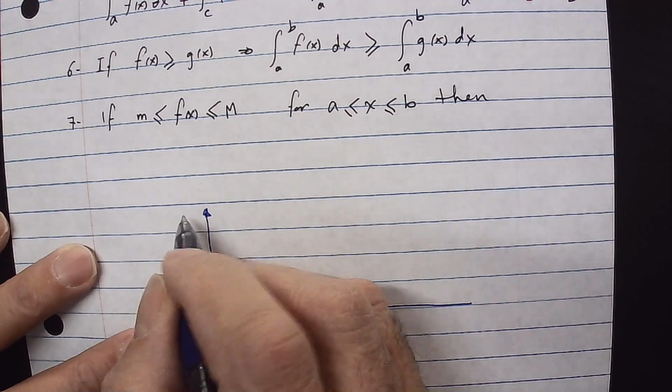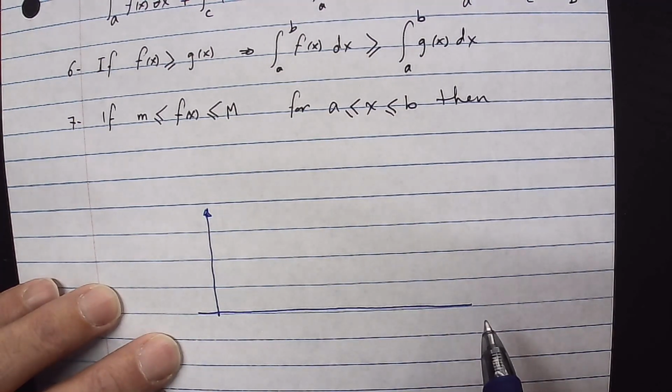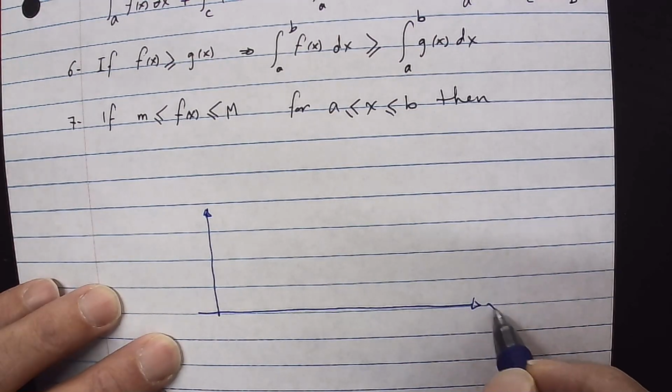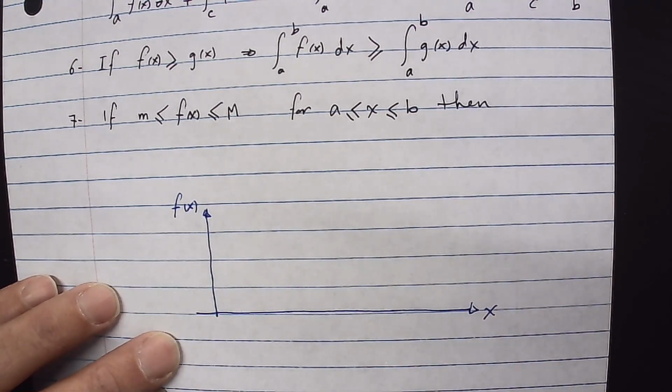So here I have the function. This is x, this is f of x, and the function shows up like this.